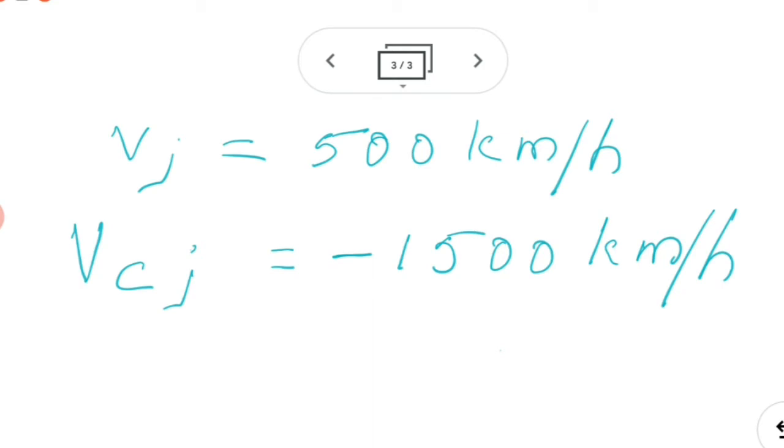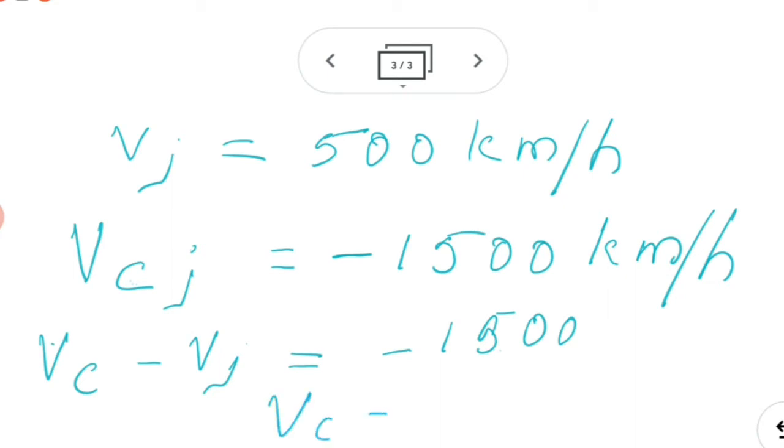So what we need to find is Vc, that means velocity of combustion products with respect to the ground. From this second equation we can write Vc minus Vj is equal to minus 1500.